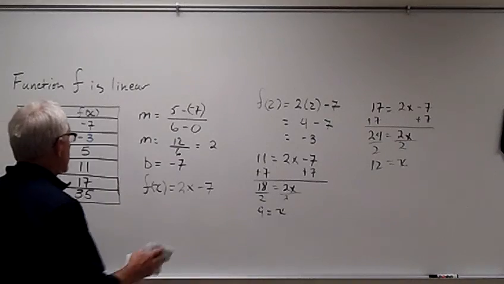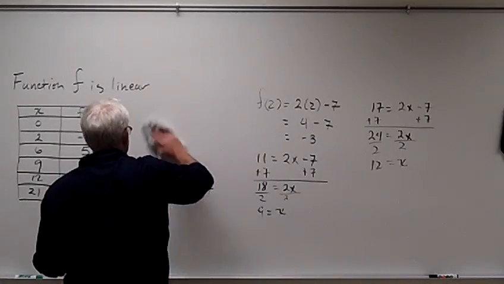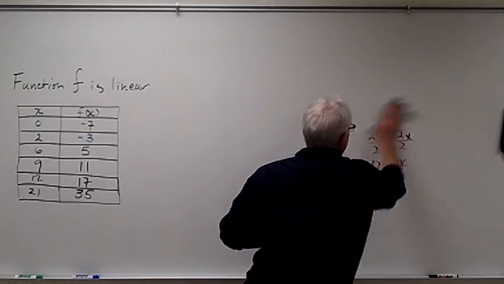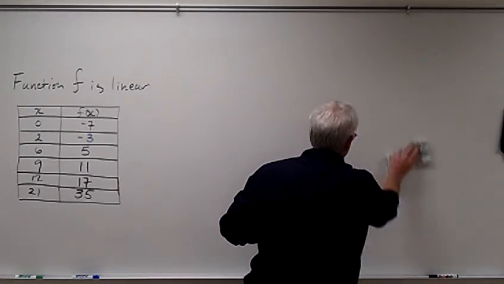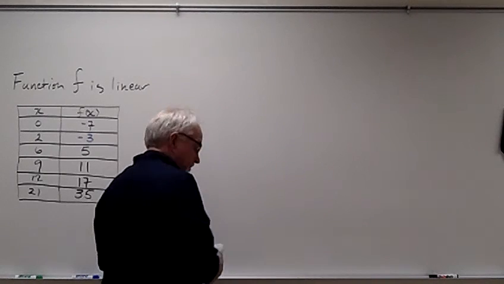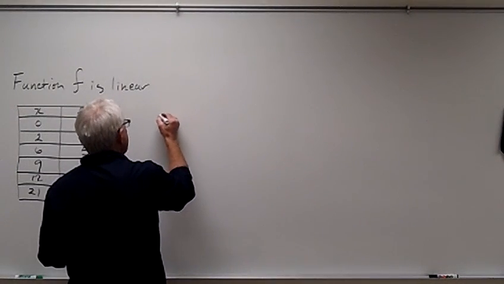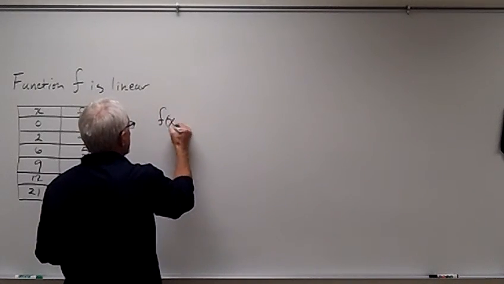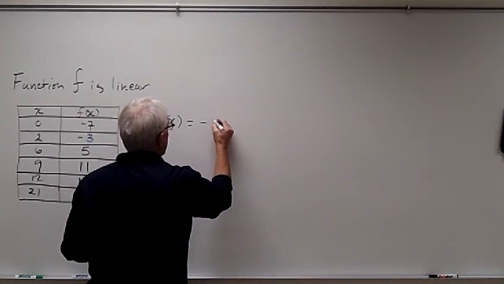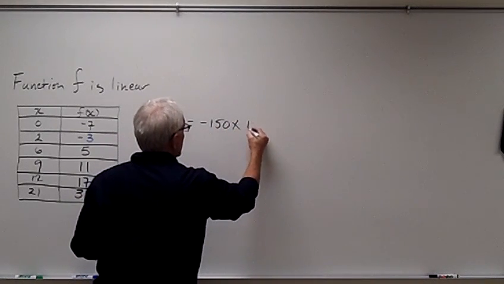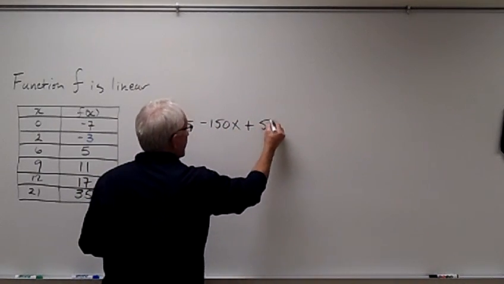Let's suppose that we have a swimming pool that's draining based on the equation f of x equals negative 150x plus 5,000.